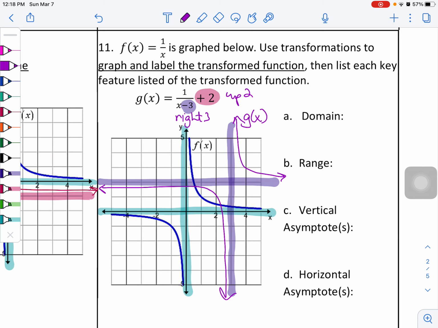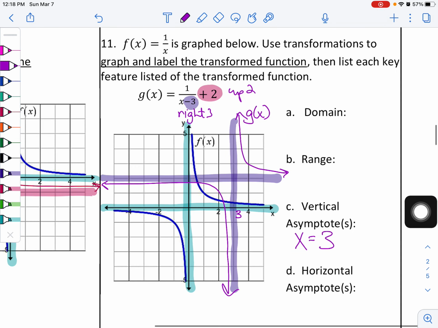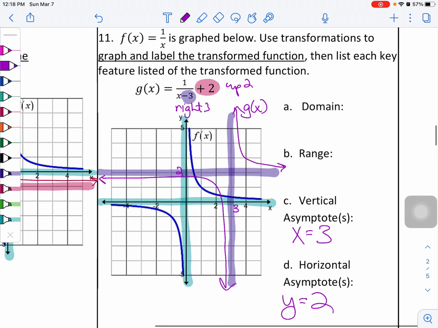All right. Now I'm going to do things a little out of order with the key features. I'm actually going to identify the asymptotes first. So this vertical asymptote is at +3 right here. So this is x equals 3. And this horizontal asymptote is at +2, so y equals 2.